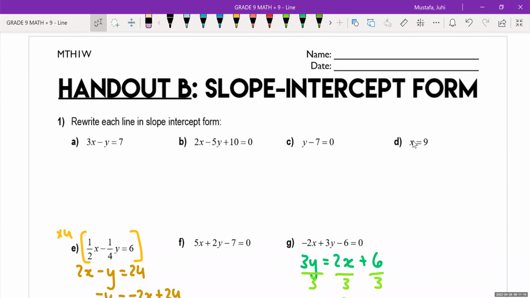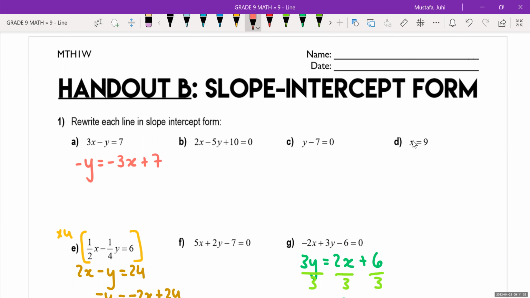We'll do a couple of questions. Question number 1 says, rewrite each line in y-intercept form. So they want you to rearrange it to write it in y is equal to mx plus b form. So question number 1, what I'm going to do is keep the negative y on one side, and I'll move the 3x to the other side. So I'll get negative 3x plus 7.